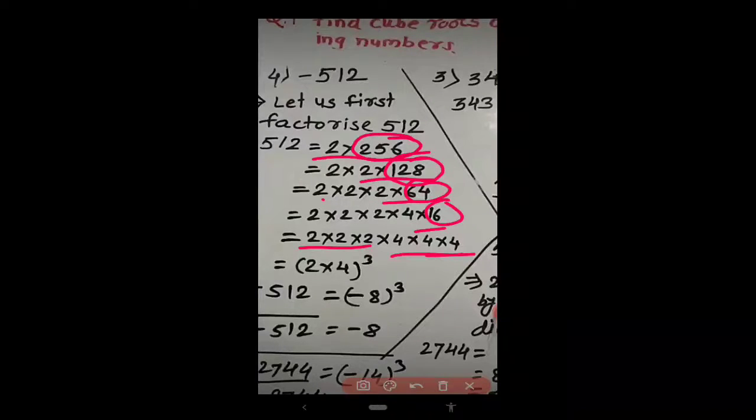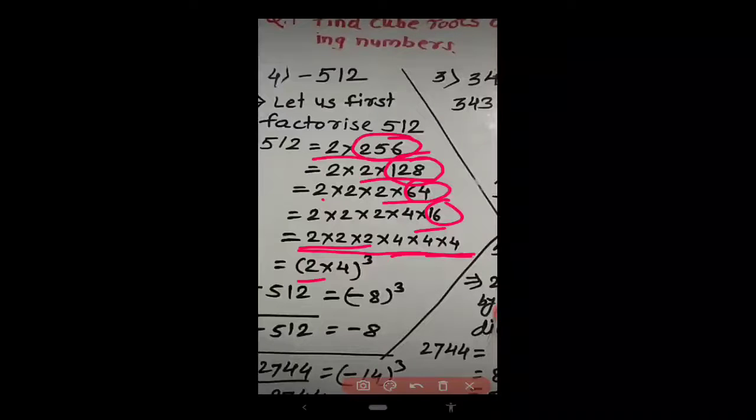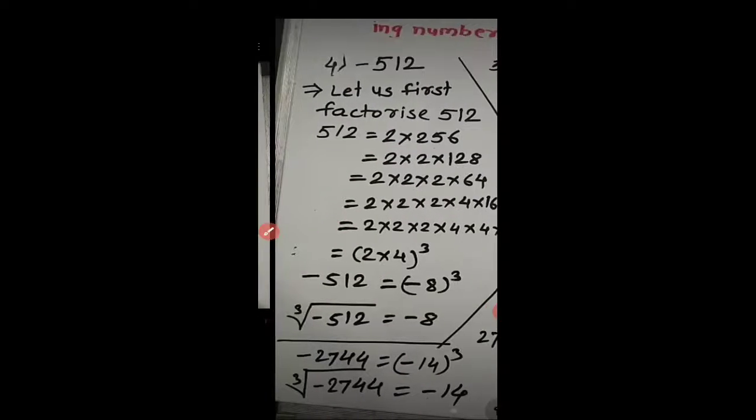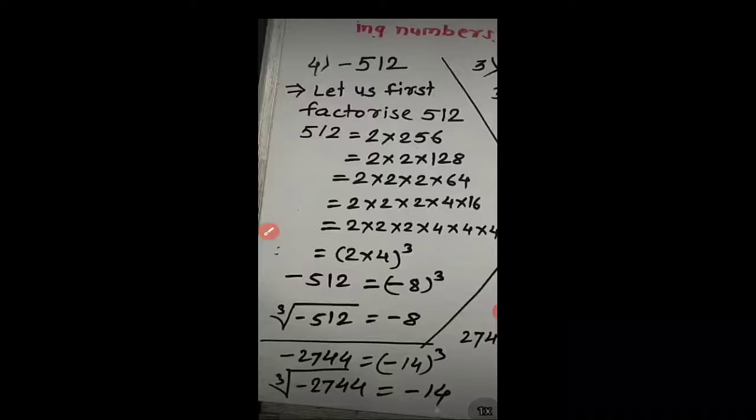That is 2 cube and 4 cube. 2 fours are 8, so this total is written as 8 cube. But minus 512 equals minus 8 cube. So the cube root of minus 512 is minus 8.